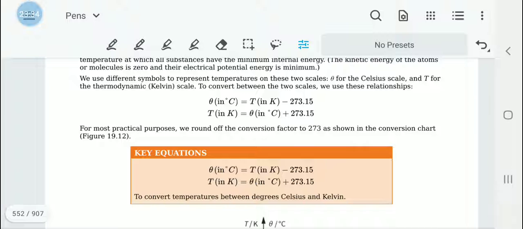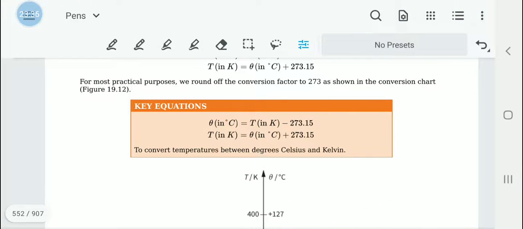Write down these two key equations. Celsius theta is equal to T in Kelvin minus 273.15. T in Kelvin is equal to Celsius plus 273.15.